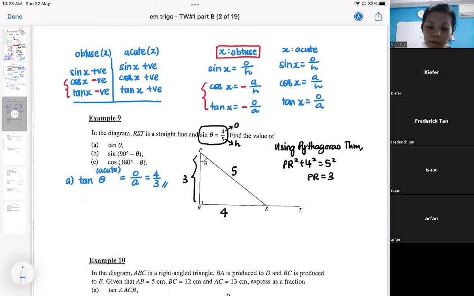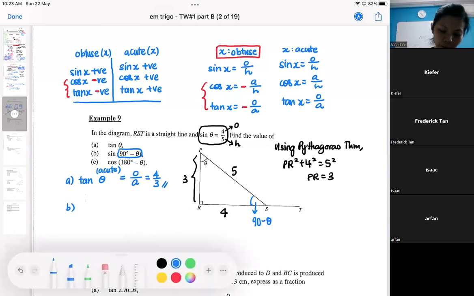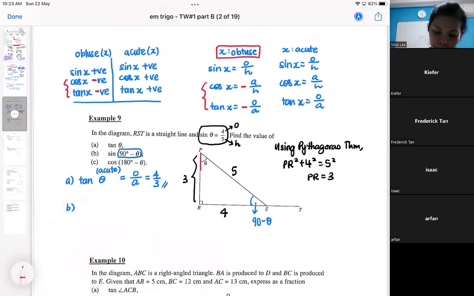Okay, then the next part, suddenly we got this thing called 90 minus theta. So where is 90 minus theta? If you are fast enough, you'll realize it's here. Okay, why is it here? In case you couldn't see, it is because of angle sum of triangle.